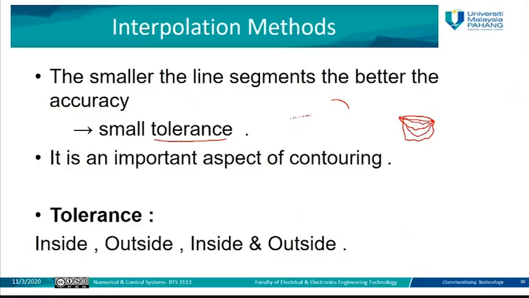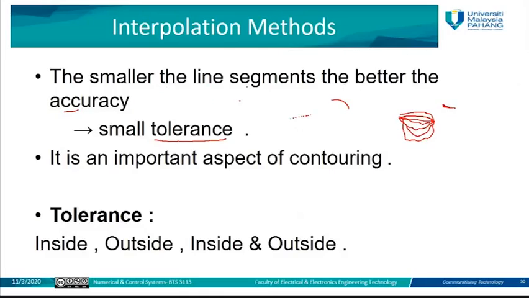If we have only 2 points, the machine may follow a different path. But if one point and another point are too close, the path is more accurate. The machine will move from one coordinate to the another coordinate, so it will be more accurate. So the smaller the line segment, the better the accuracy.